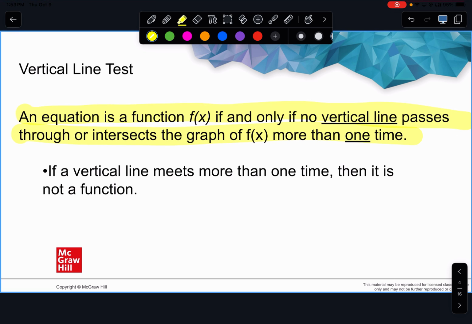So the vertical line test: an equation is a function if... Okay, so then we get to the inverse part.